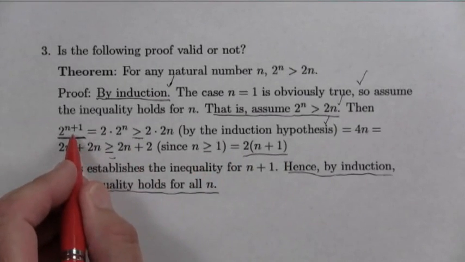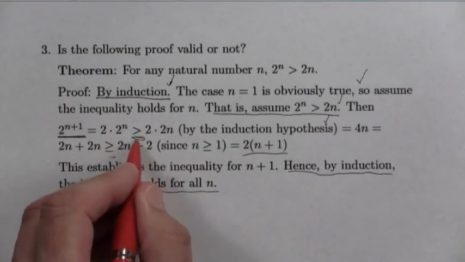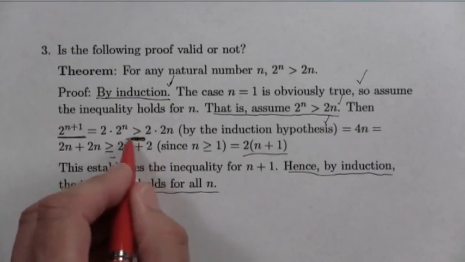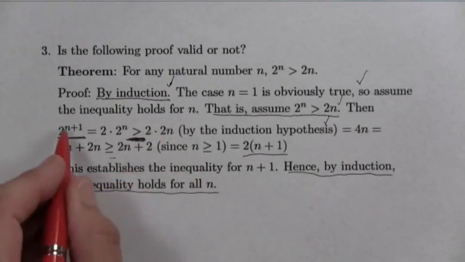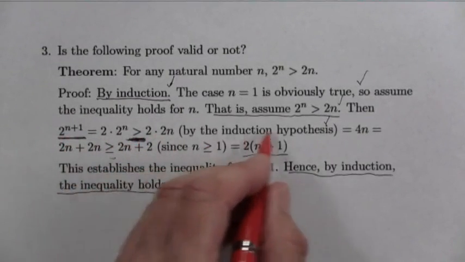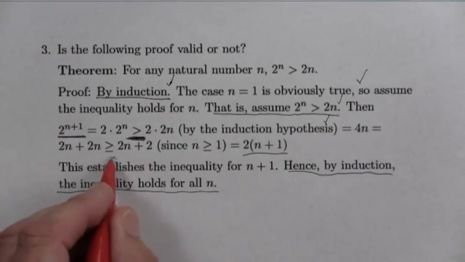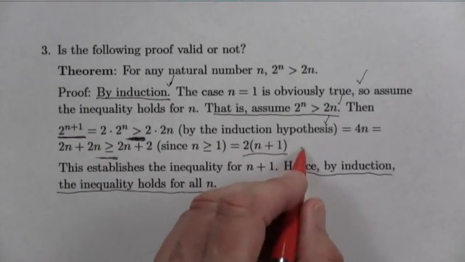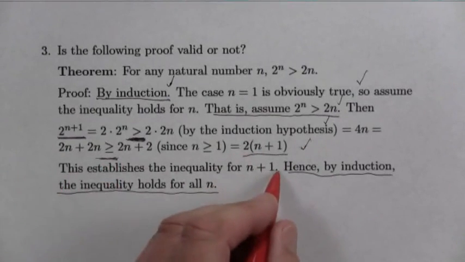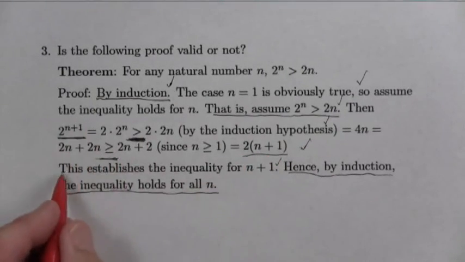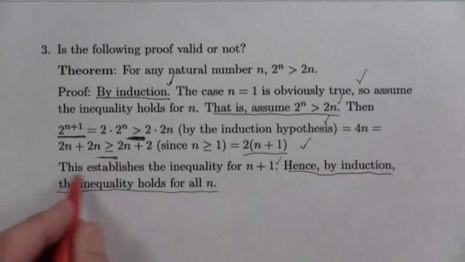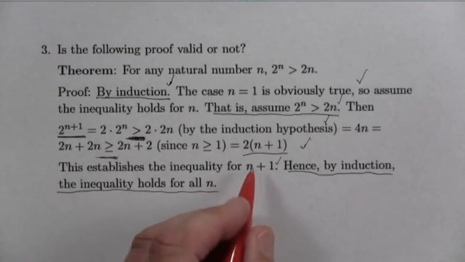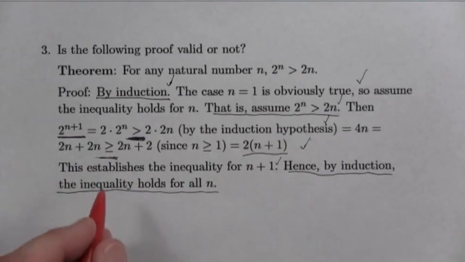So 2 to the n plus 1 is greater than, that's an underline, I haven't made it greater or equal to, that's greater than 2 to the n. So if I follow these through, I've got a greater than, some equals, a greater than or equal to, so that is definitely strictly bigger than that. And that's the inequality for n plus 1. Having established it, I've helped the reader realise that I've established it by saying that establishes it for n plus 1.